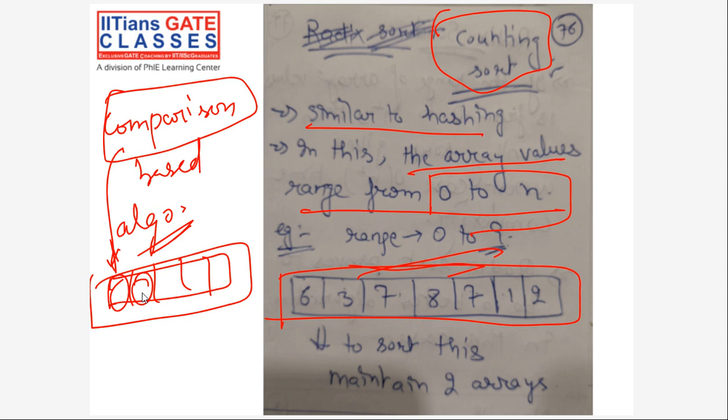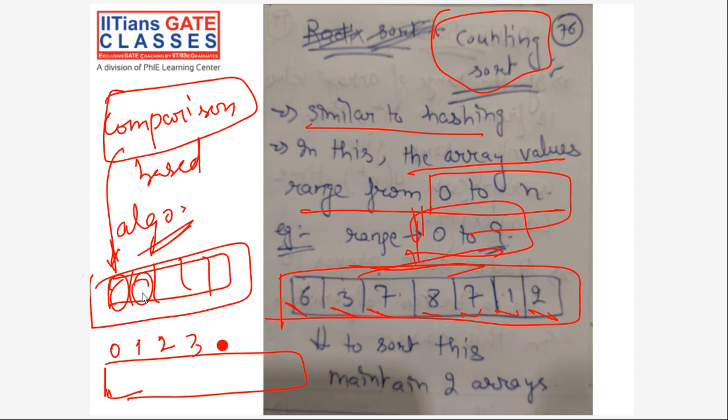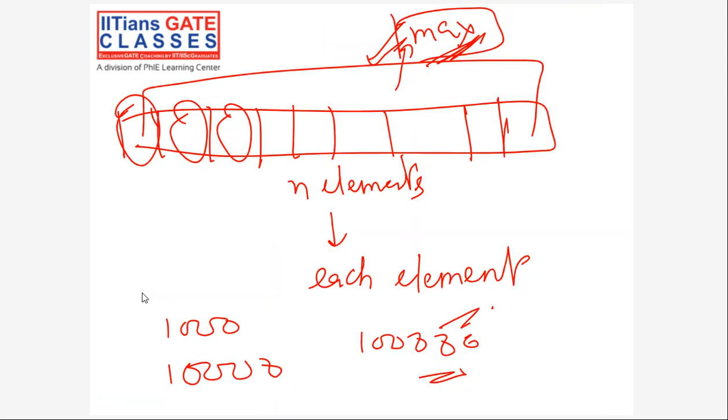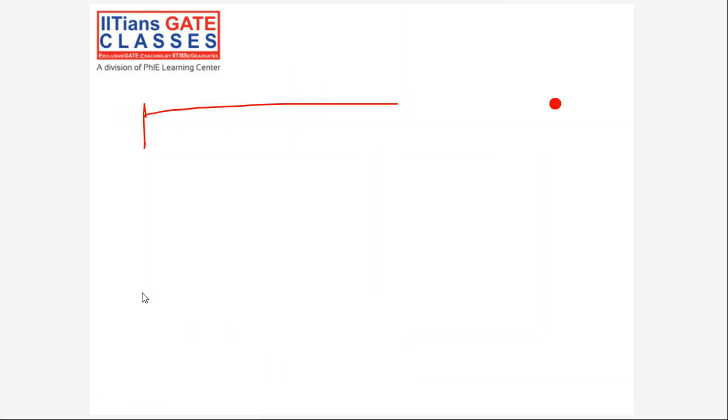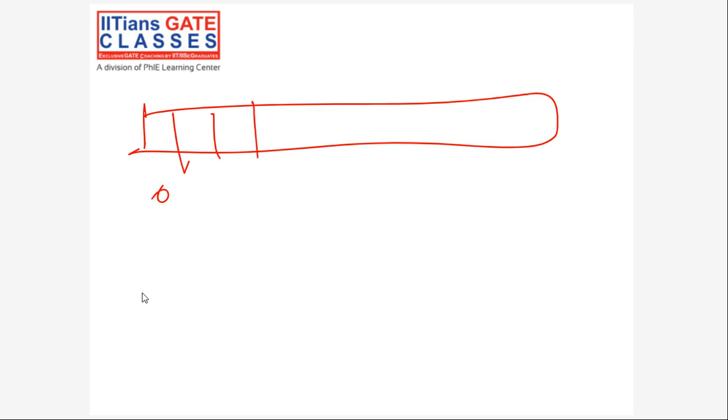Let's do one thing. I know that the values over here are between 0 to 9. So what I can do is take up an array which has indexes 0, 1, 2, 3, 4, 5, 6, 7, 8 and 9.